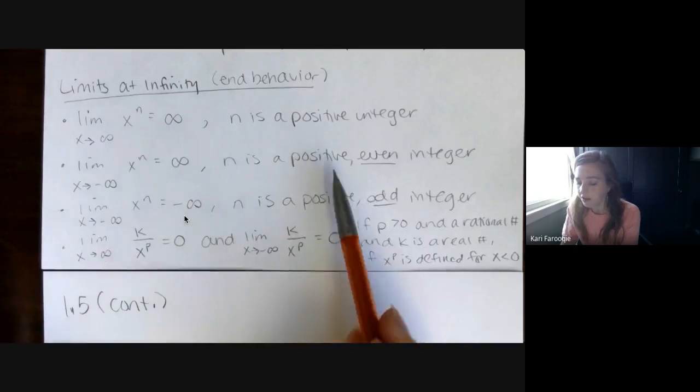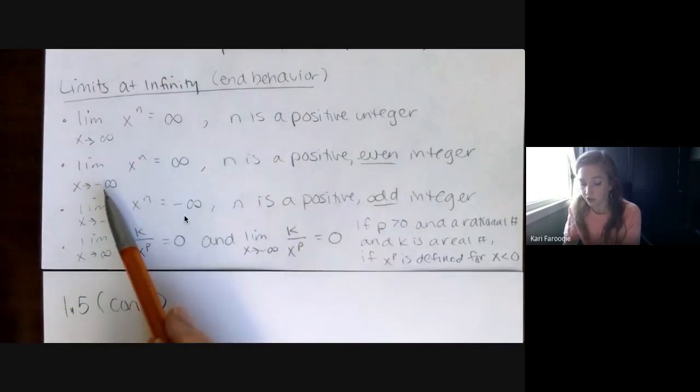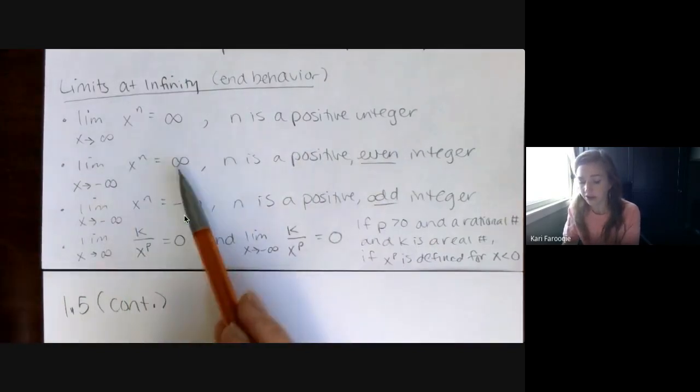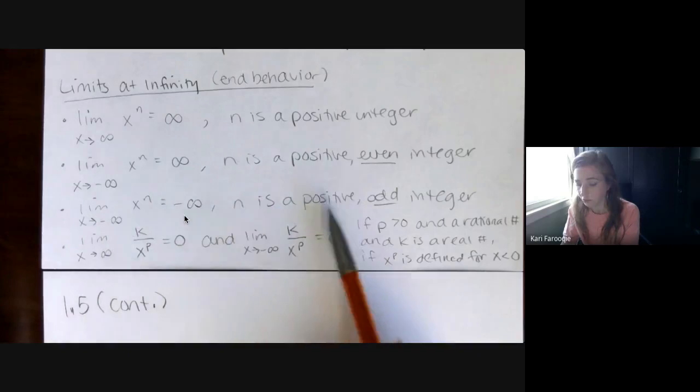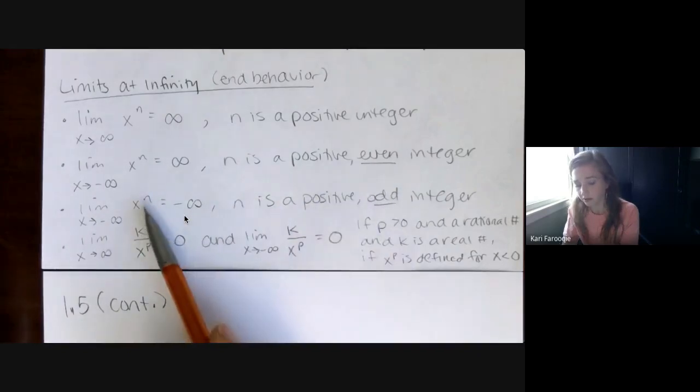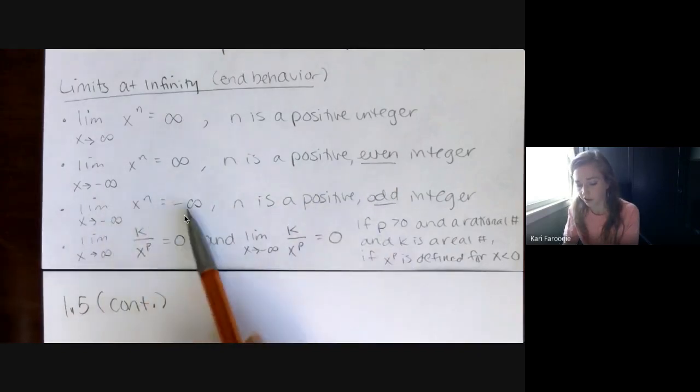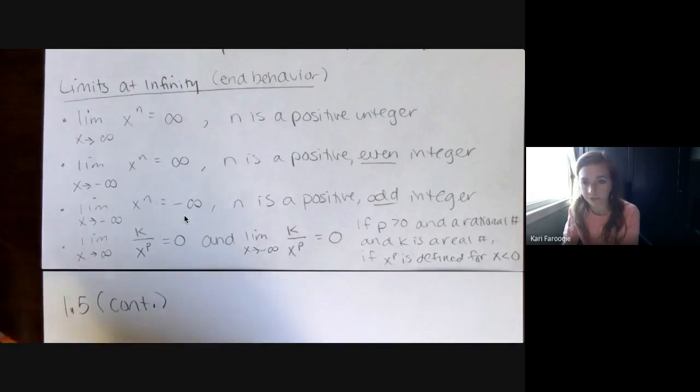If n is positive and even, and we're approaching negative infinity, then your limit will also be infinity. But if you're approaching negative infinity and n is positive and odd, then the limit of x to the n as x approaches negative infinity will be negative infinity.